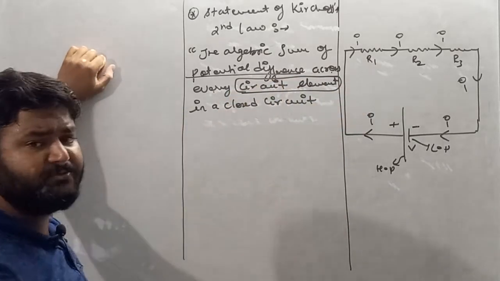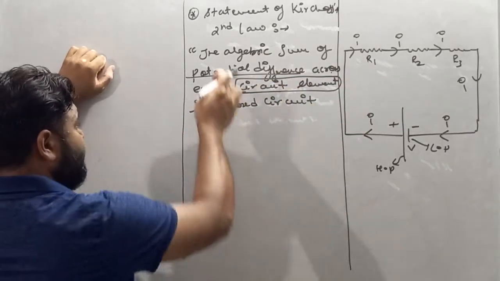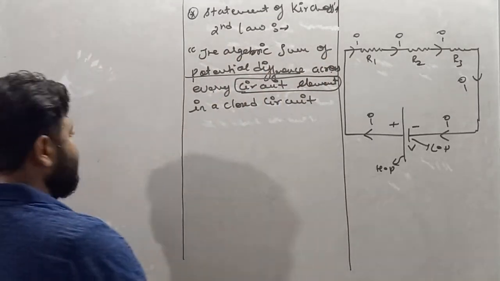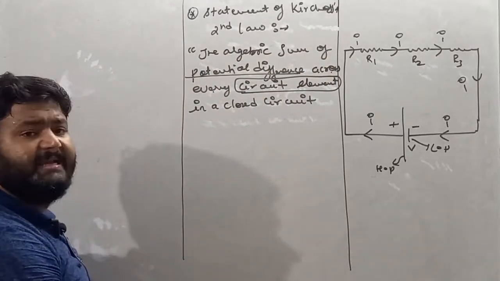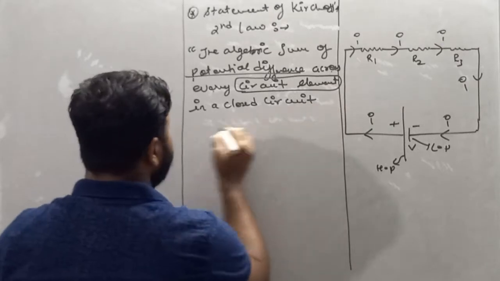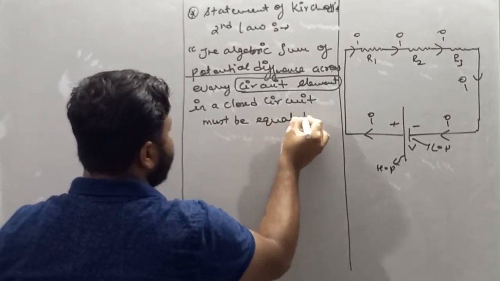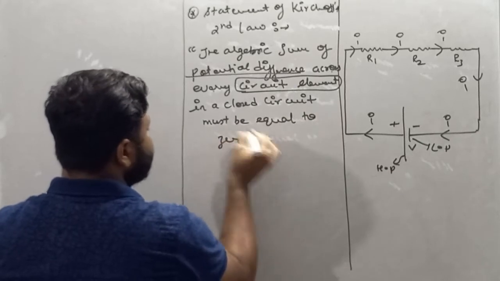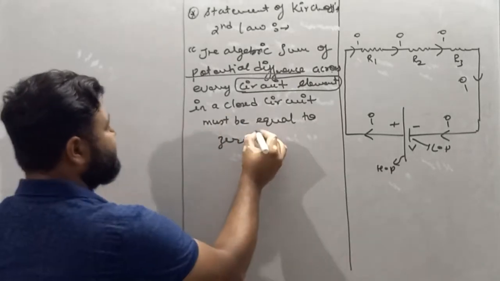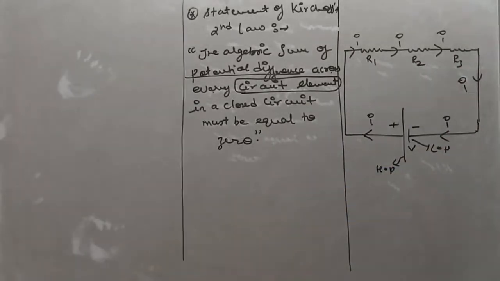Element means, my dear student, resistor or battery. So the algebraic sum of potential difference across every circuit element in a closed circuit must be equal to 0. You have to remember this statement because it is very important.